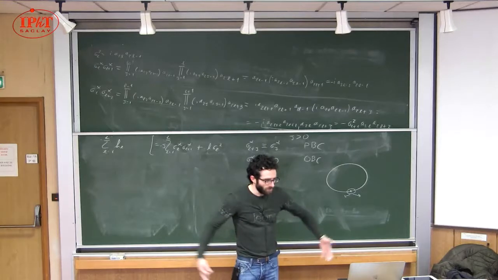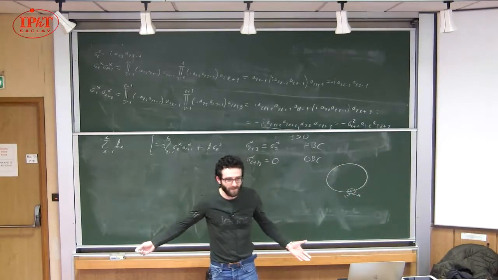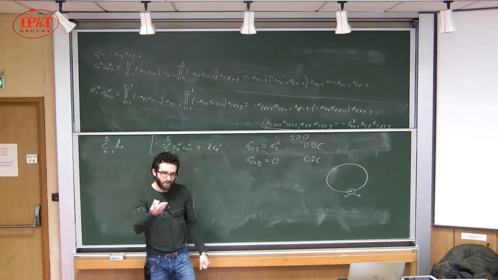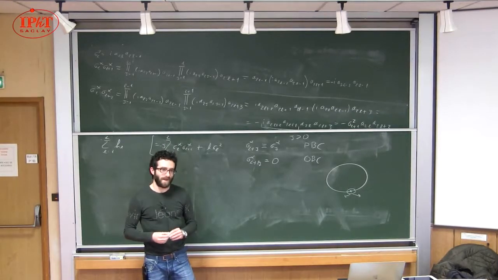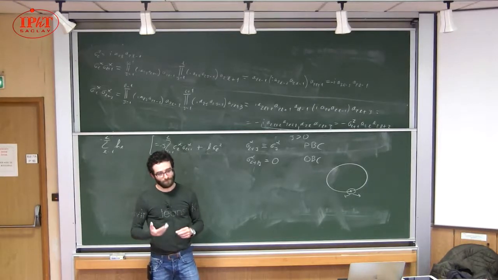And now, if you consider the system with open boundary condition, then it's not local. So the boundary condition has an effect on the definition of locality when you are around the boundary of your system, right?